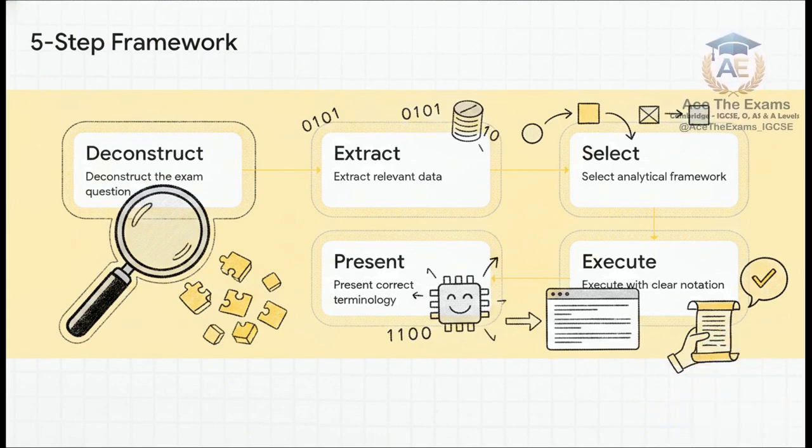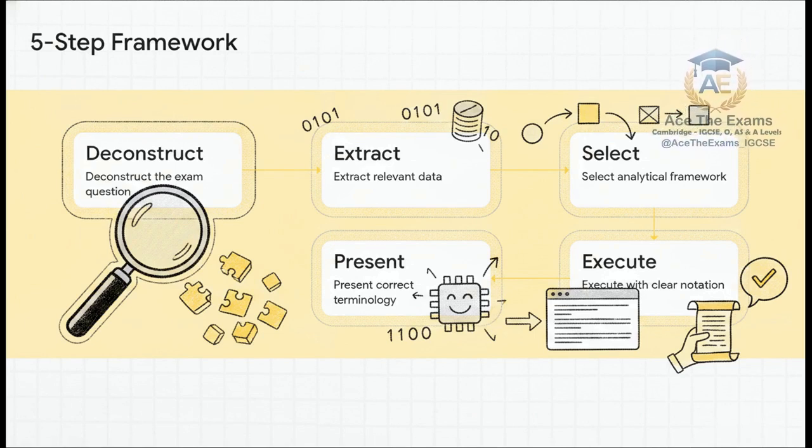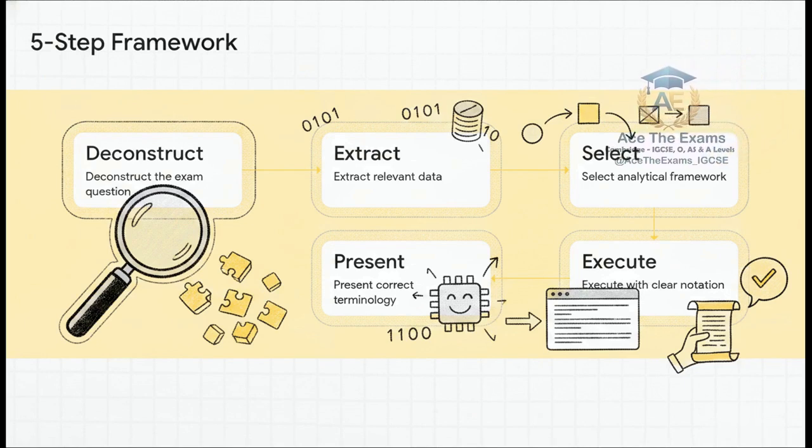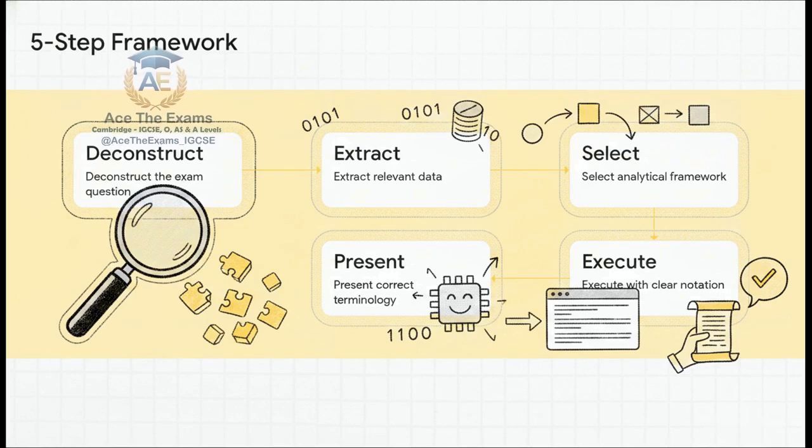Pull out those binary representations or specific node values. Step 3. Select your analytical framework. Are you inserting, deleting, or traversing? Step 4. Execute with clear notation. This means designing the algorithm or writing the code implementation efficiently. And finally, Step 5. Present correctly, using the exact, proper terminology expected at the AS and A-level standard.